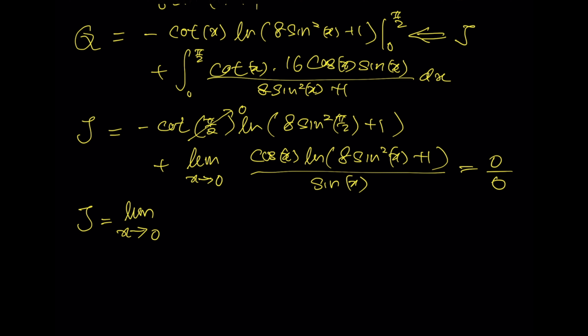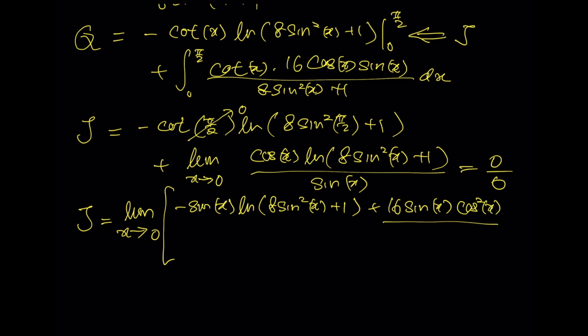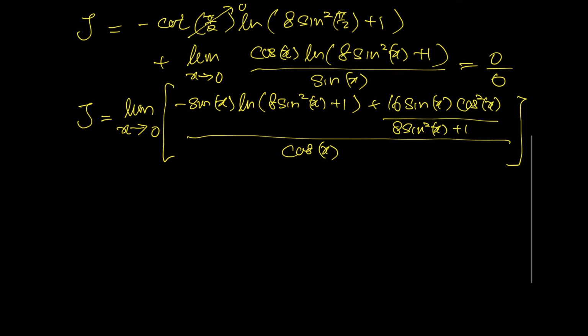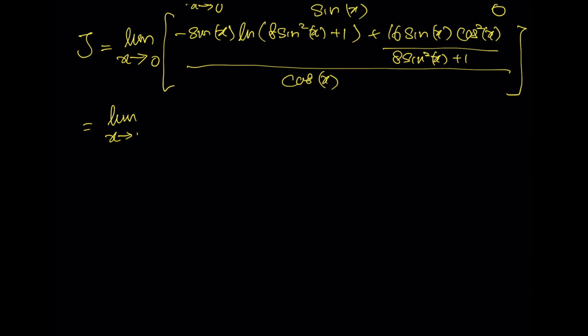Therefore, we can use L'Hopital rules. Using product rules of differentiation, we will get the differentiate of the numerator. This is the one. And then divide by differentiate of denominator, which is divide by cosine x. So we have limits x approaching 0.